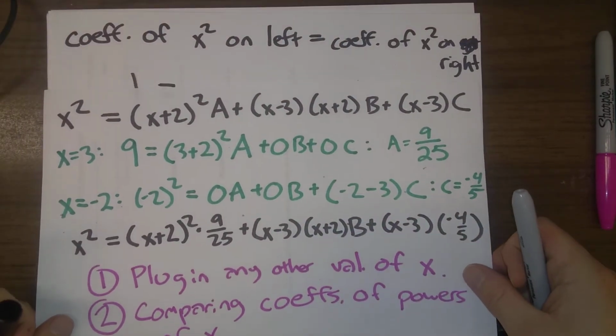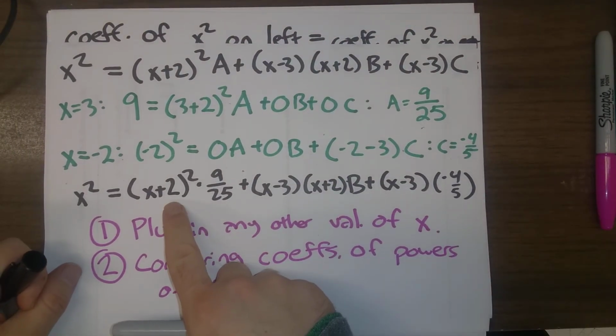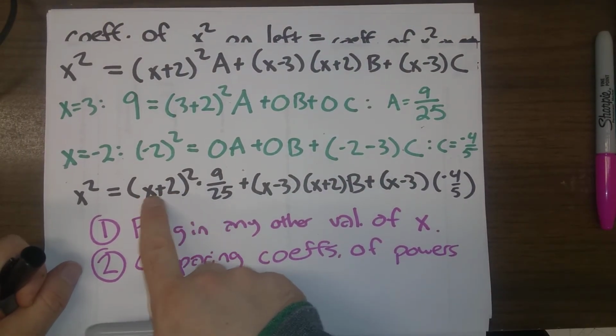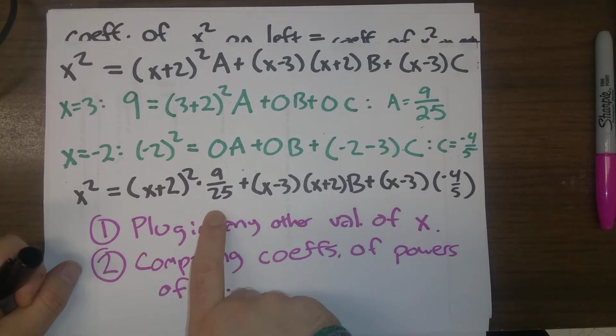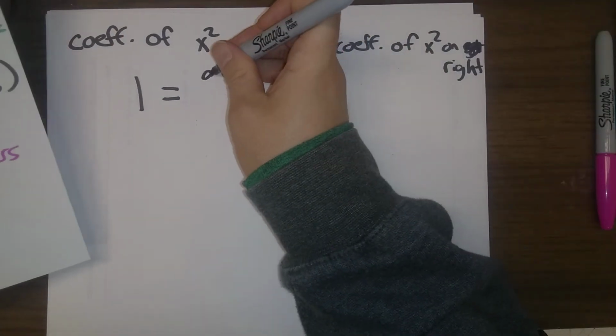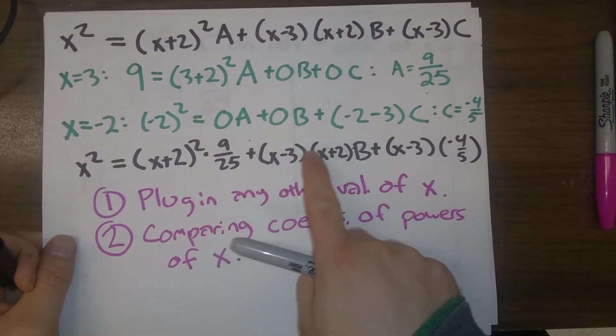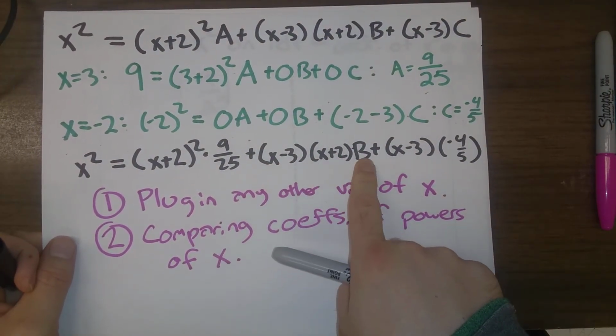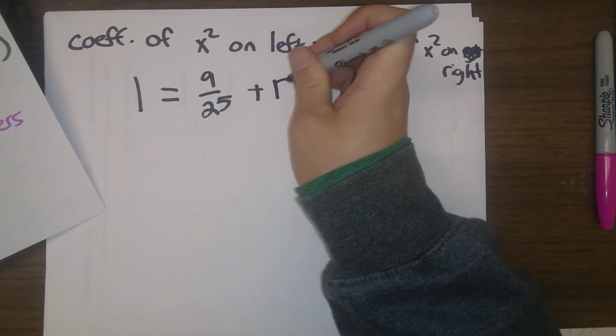And the coefficient of x squared on the right is, when we expand this out, we get x squared plus 4x plus 4 times 9 over 25. So that's 9 over 25 coming from there. Then 1x times 1x times b. So it's plus b.